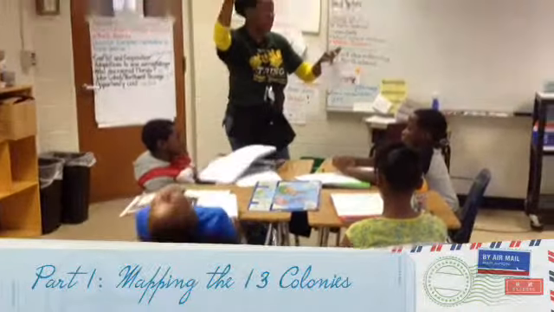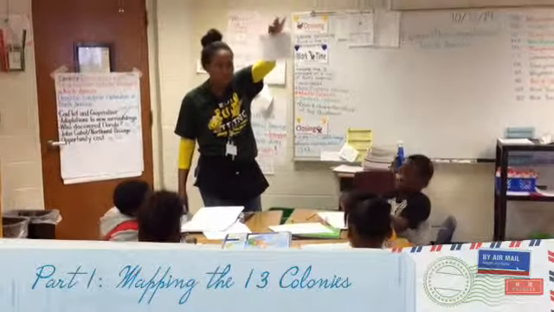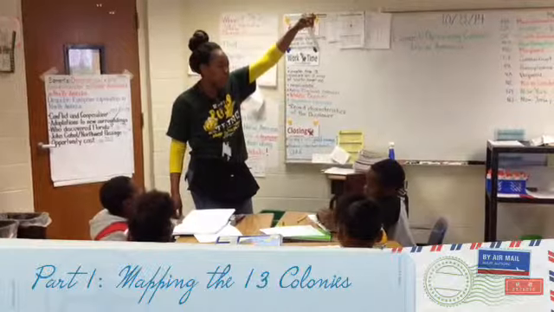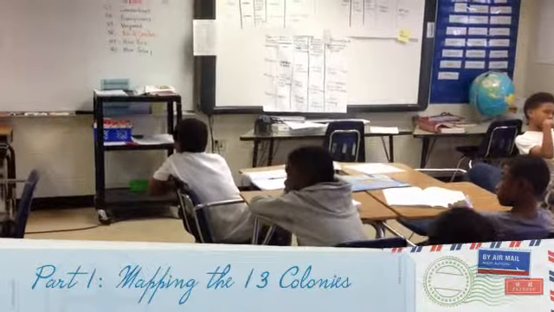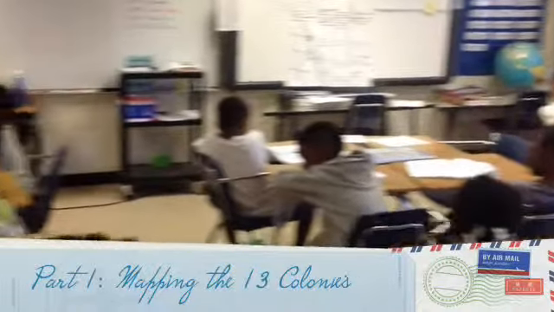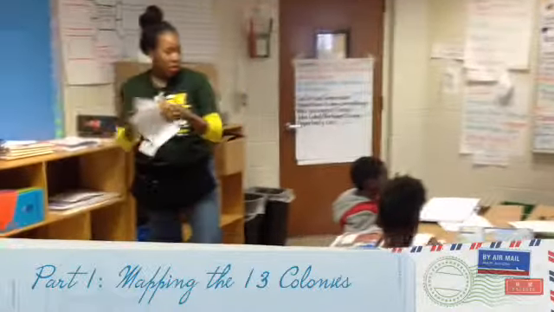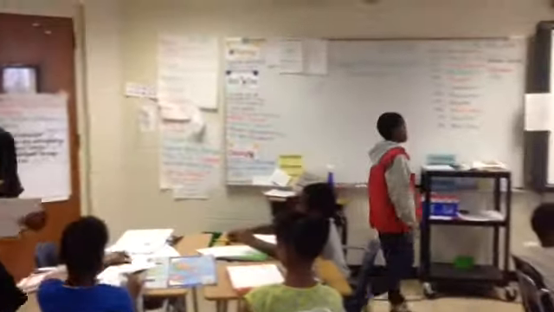I want to make sure that you understand those 13 original colonies. Because now you're working on a business plan, you should most definitely know this information. First things first, I'll give the maps out.